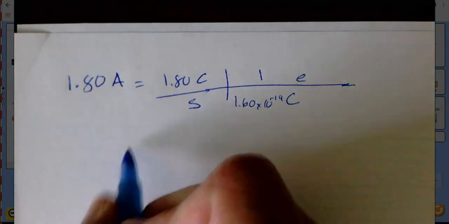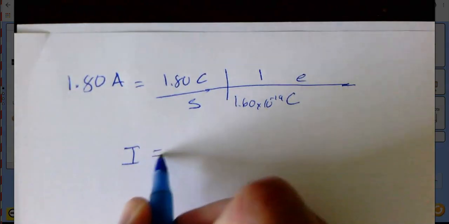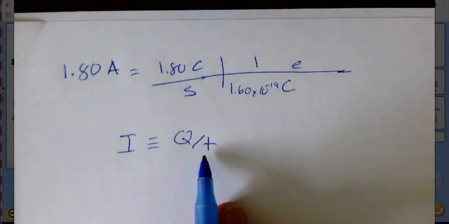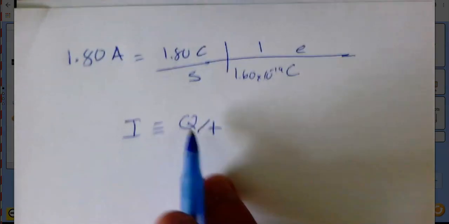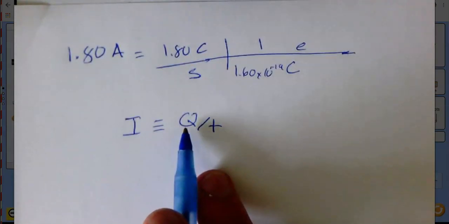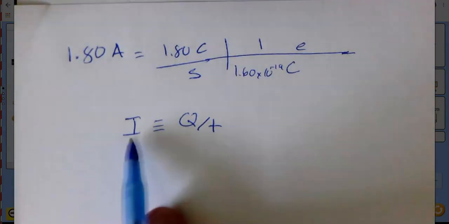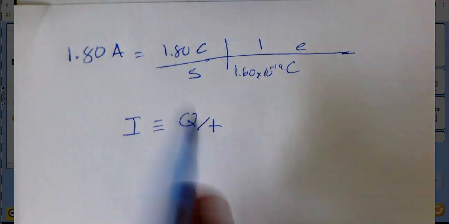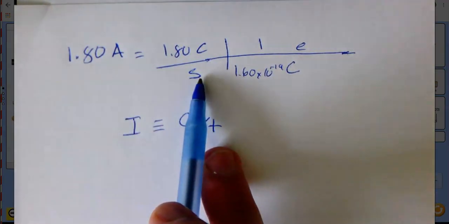That's one way to solve it, but the better way probably was just to use the definition of current, which is the amount of charge going by in a certain amount of time. So in your homework problem, you're actually trying to find the current. You've got to find that charge and divide by the time. But remember, amps is coulombs per second.